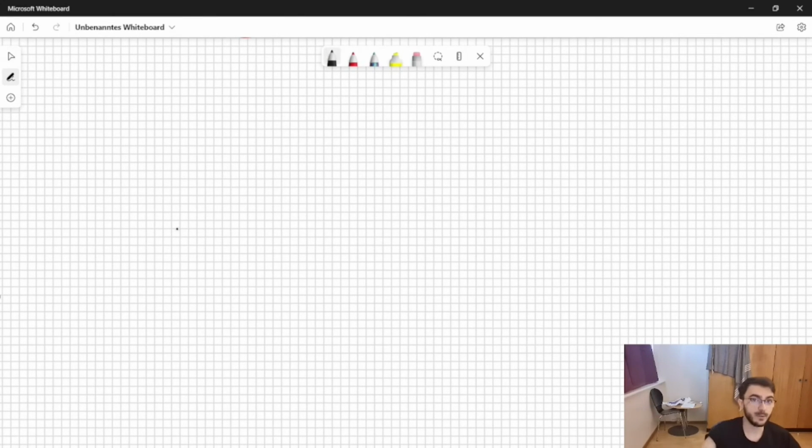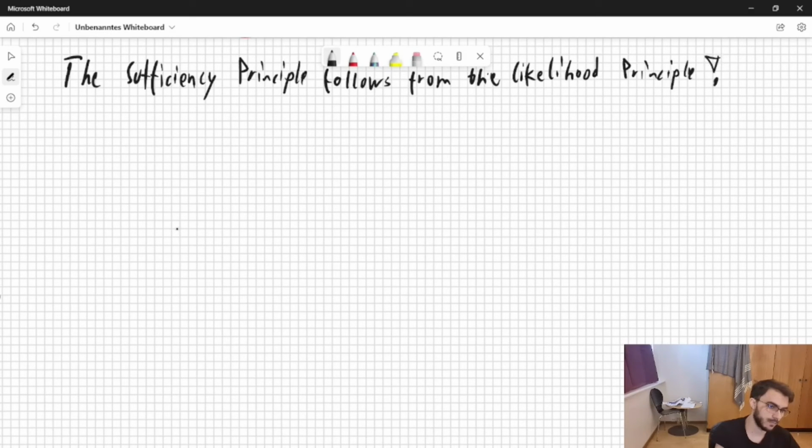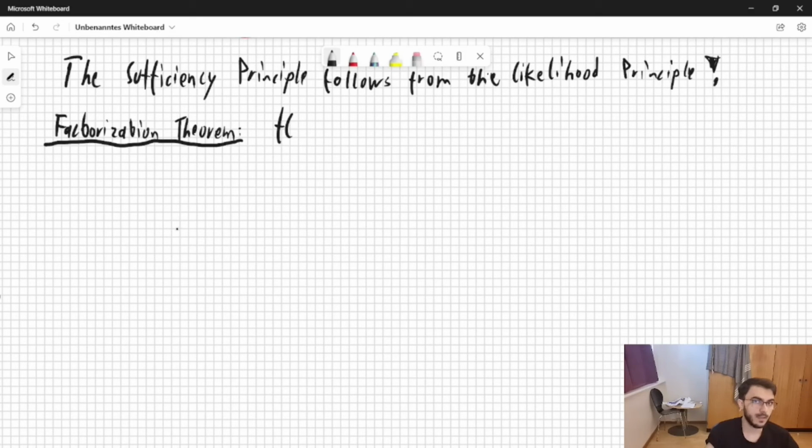The sufficiency principle follows from the likelihood principle. Why? It follows from the likelihood principle because of a very important theorem called the factorization theorem. And this theorem, intuitively, makes a lot of sense. It says that the density of x given theta can be expressed as the density of T of X given theta.